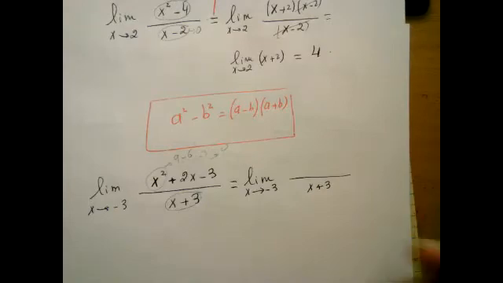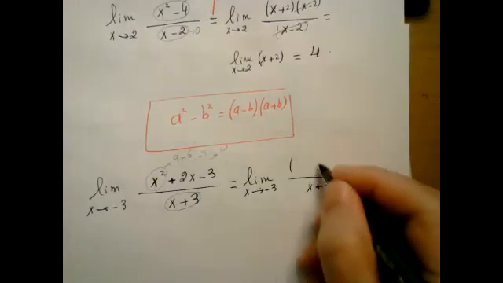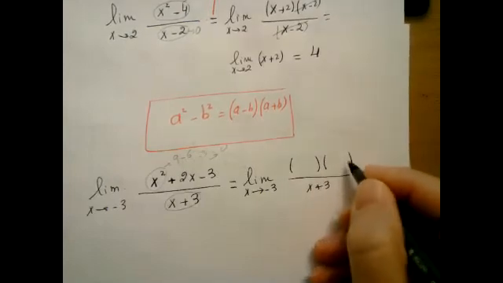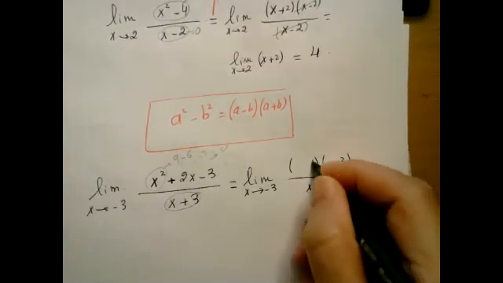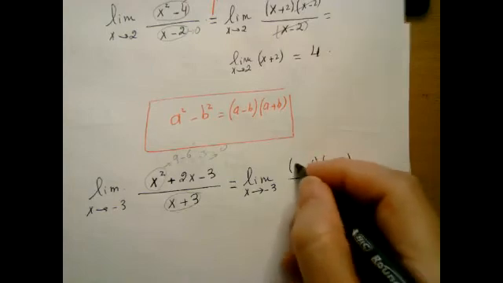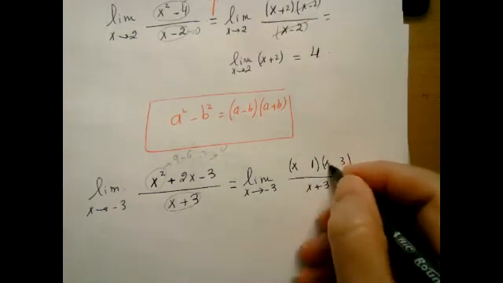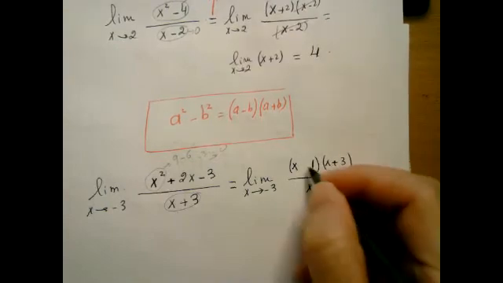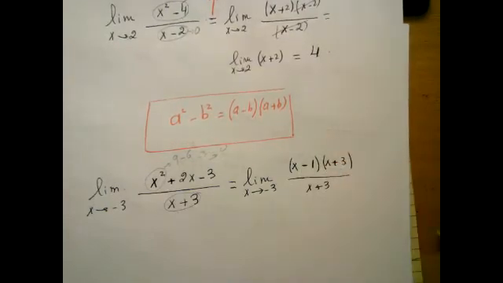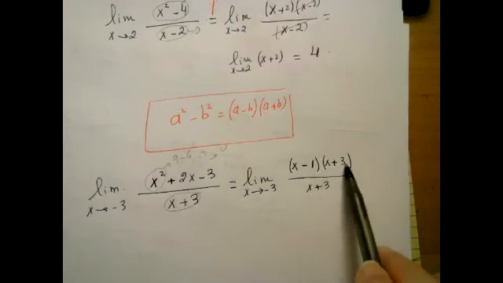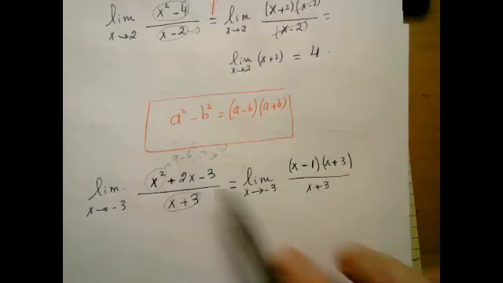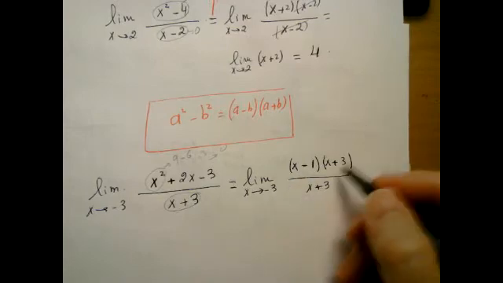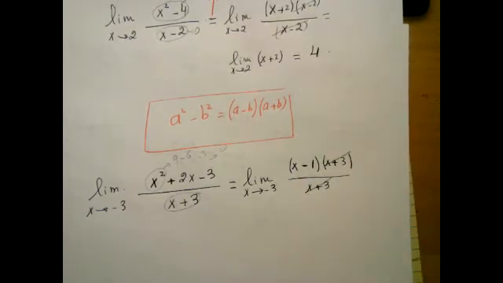The -4, let's see. I'm almost sure. So 3 and 1, those should be our candidates. x and x. And there is plus 2x minus 3, so most likely plus and minus. Okay, let's double check. x squared plus 3x minus x gives me plus 2x minus 3. So this and this will simplify.